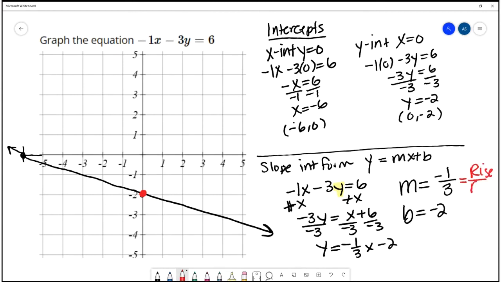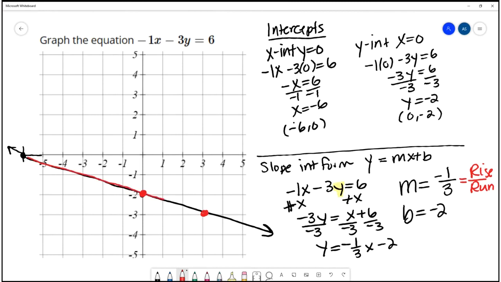The slope is rise over run. So from that y-intercept, we're going to rise negative 1, so we're going to go down 1, and then we'll go to the right 3, that's running 3, and that gets you to a second point on the line.